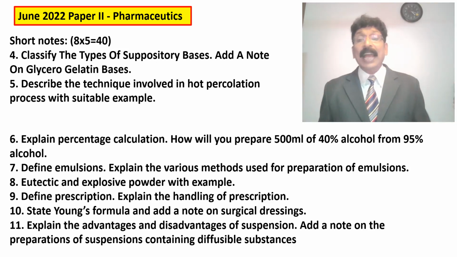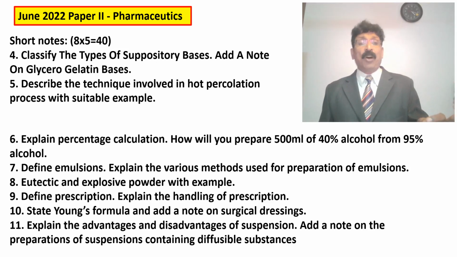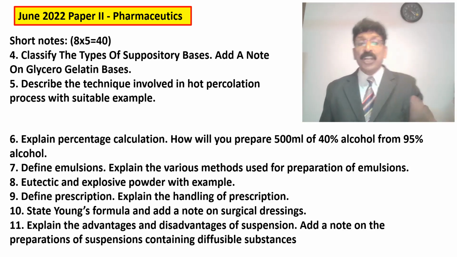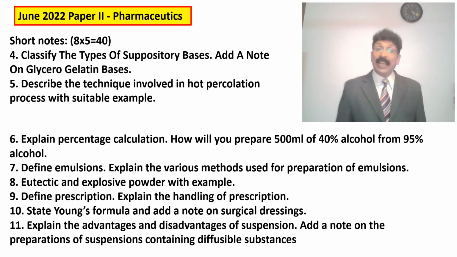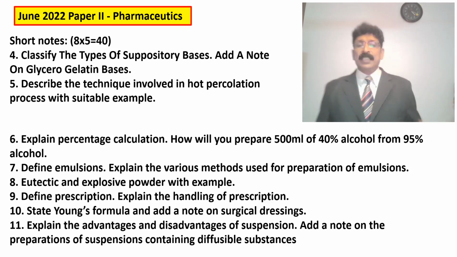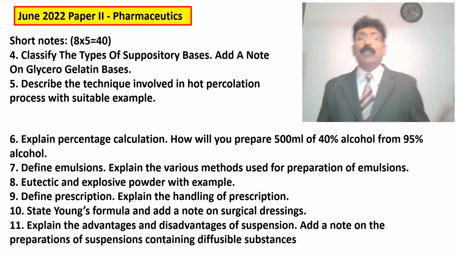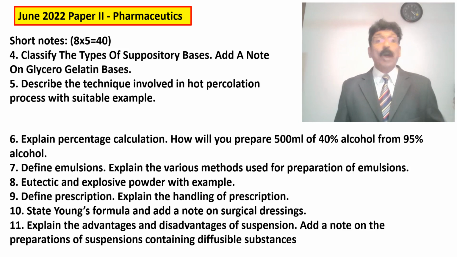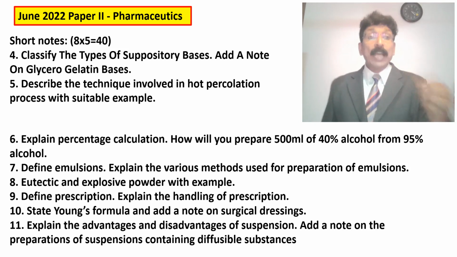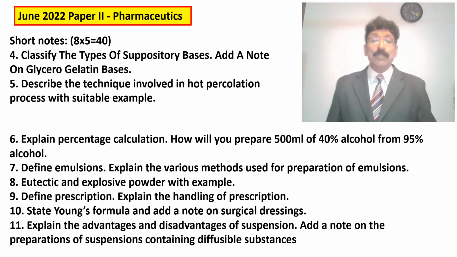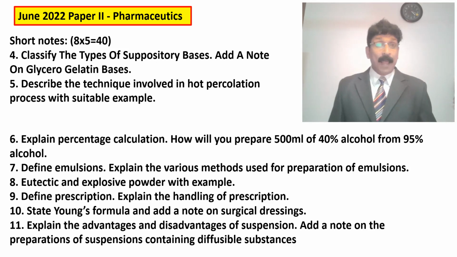Add a note on preparation of suspensions containing diffusible substances. So these are all the 8 5-mark questions, interesting. You have to group them so that you will know from which chapter each comes, and then you can listen to the lectures of your teacher and have an idea about the subject.